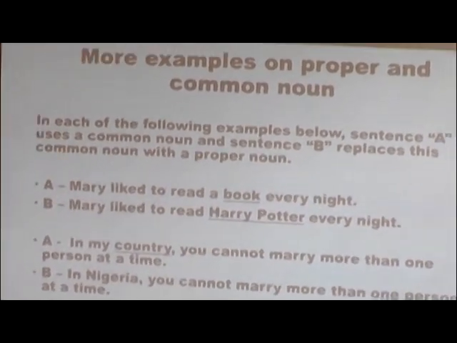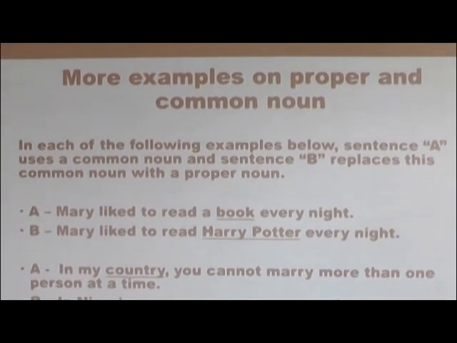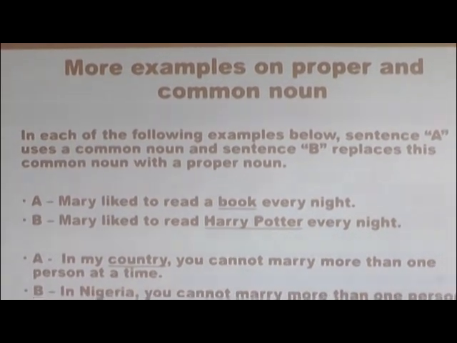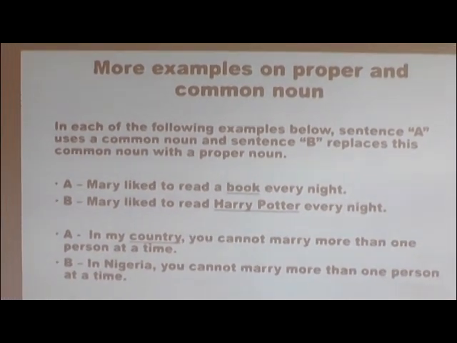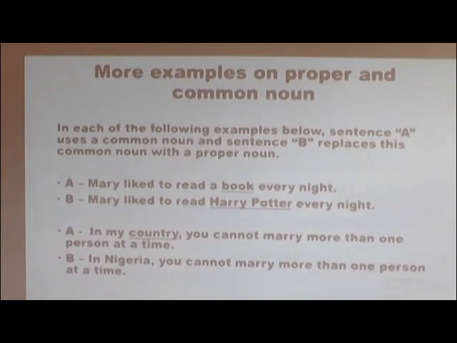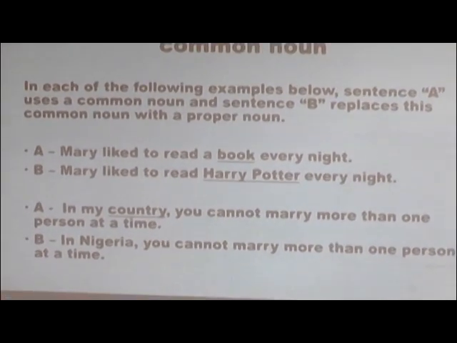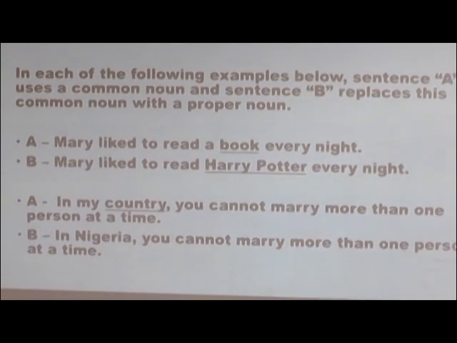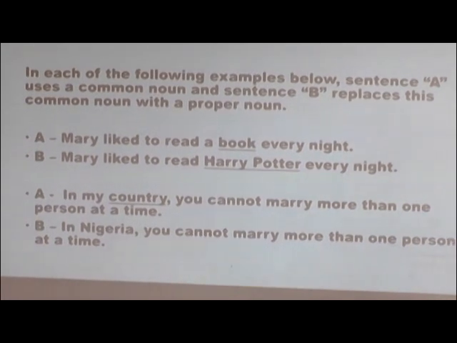On the table there, we have sentence A using common noun and sentence B replacing the common noun with a proper noun. A says, Mary likes to read a book every night. A book is a general name. We don't know the name of the book Mary reads every night.